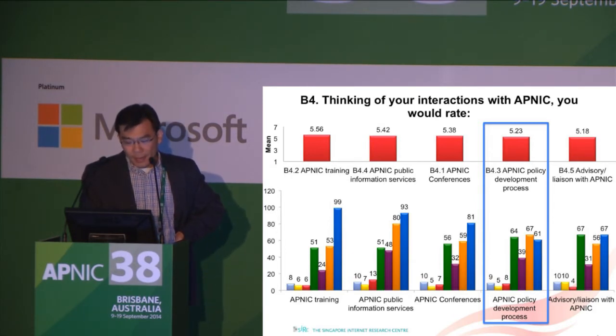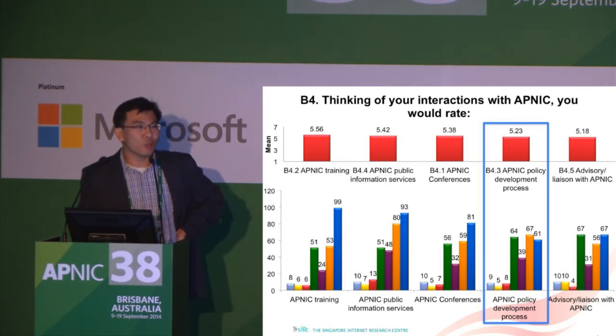Other items have more satisfaction. For example, APNIC training has 99 people who answered very satisfied, but we only have 61 for that category. So it's also so-so, okay?